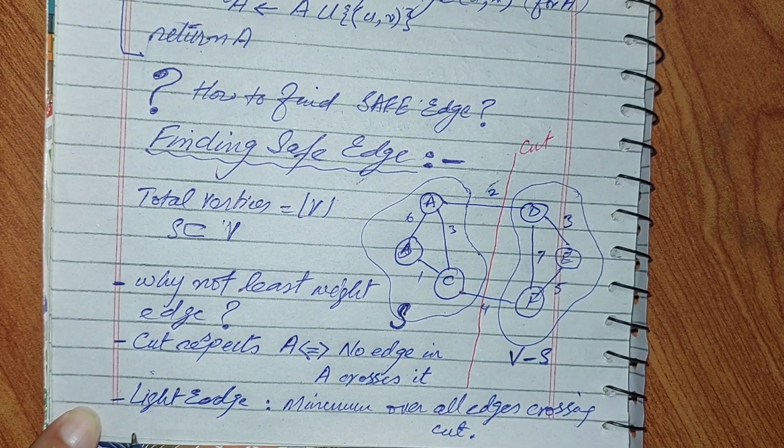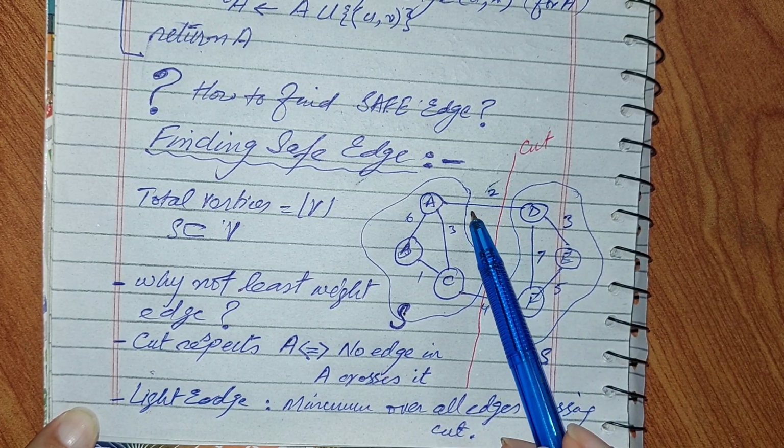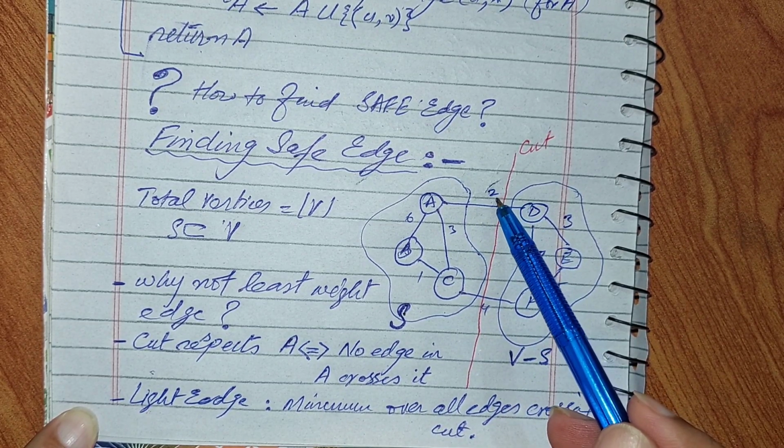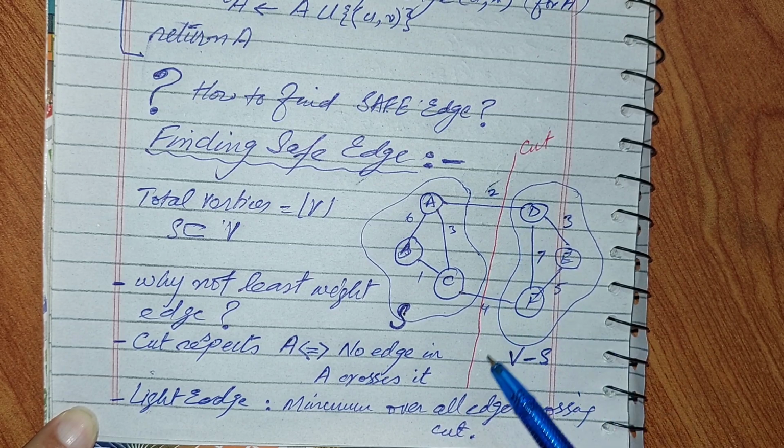The light edge, or the lightweight edge, would be an edge that is minimum over all edges crossing this cut. This cut is being crossed by two edges, AD and CF. So the light edge would be the one with cost 2, because its weight is the lightest over all the edges crossing this cut.